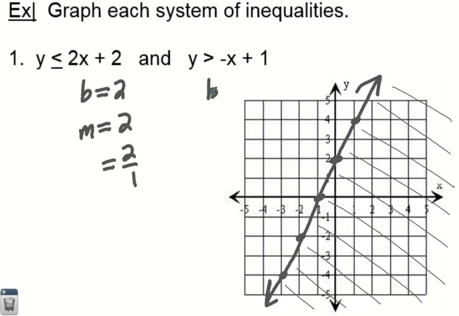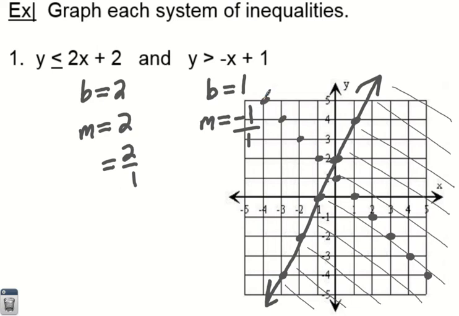Over here it looks like our B value is going to be 1. Our M value is what? -1, which means -1 over 1. So B value of 1, then M: down 1, right 1, down 1, right 1, down 1, right 1. Might as well make these dots as well.